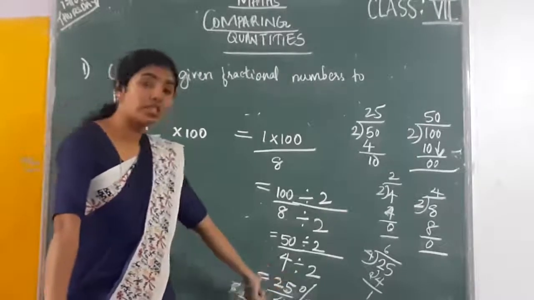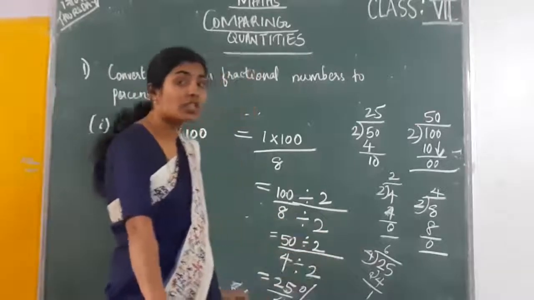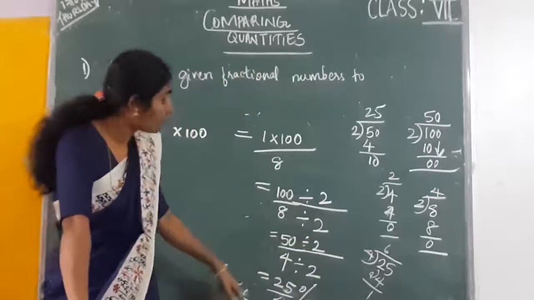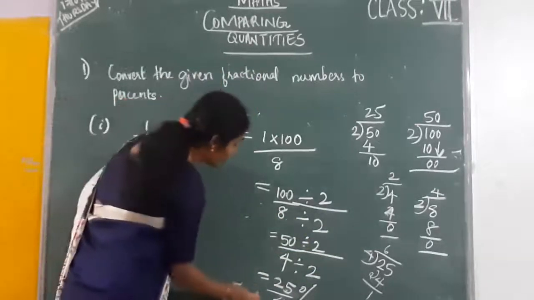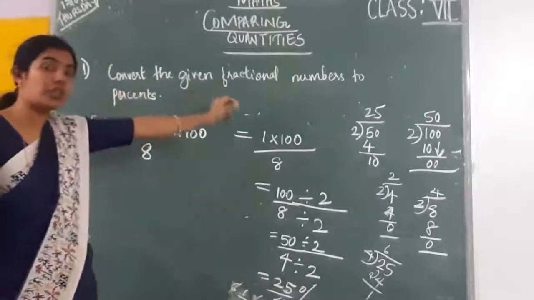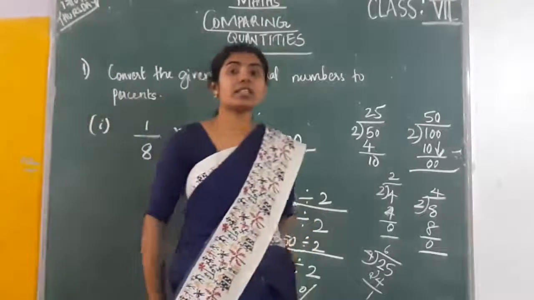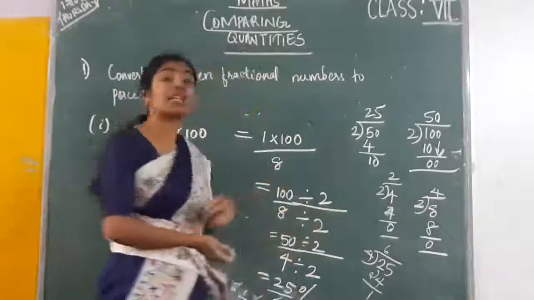Either you can write it as 25 by 4, or you can convert it into a mixed fraction. So you will get the answer 6 1 by 4 percent. First, when you are given a fraction, multiply by 100, and write that answer there. Sometimes you want to do the cancellation also.